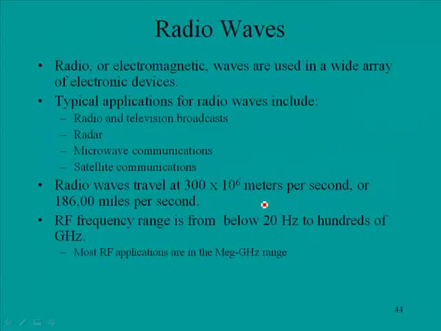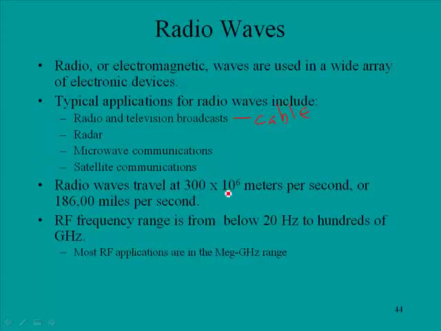Then radio waves. These are typically much higher frequency. Radio or electromagnetic waves are used in a wide array of electronic devices. Typical applications for radio waves include radio and television broadcast, over the air as transmissions, but also in this frequency range you see cable. Radar uses radio waves, as do microwave communications and satellite communications.